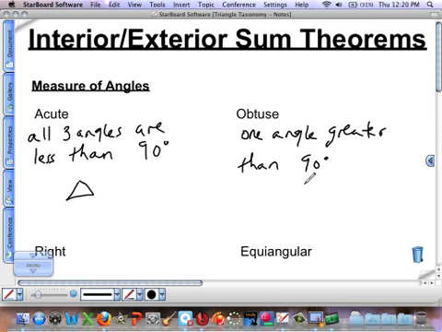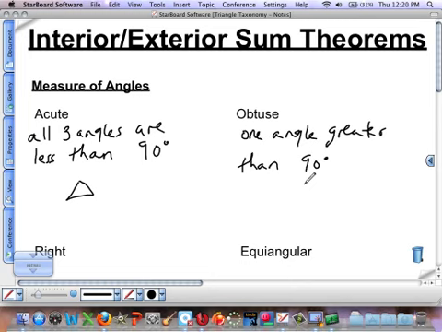Earlier, you guys proved that the sum of the interior angles of a triangle is what? 180. Can a triangle have more than one obtuse angle? Okay, you're shaking your head no. Why not? Because if you had two angles that were more than 90, that'd be more than 180.